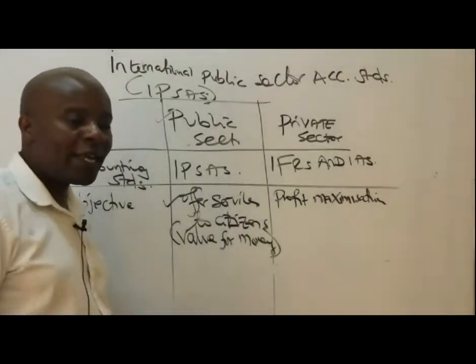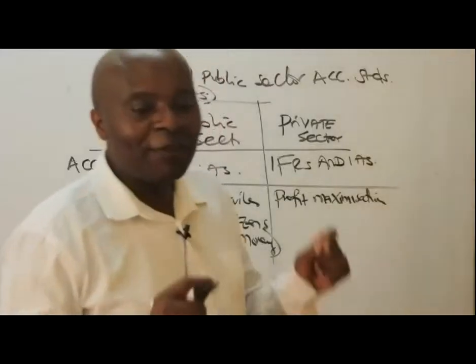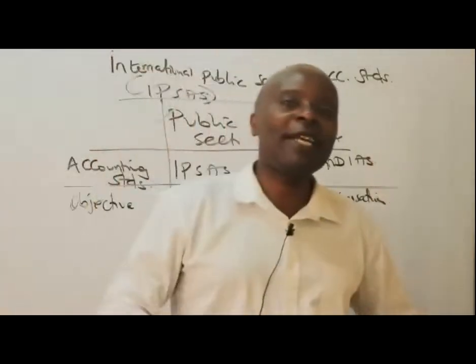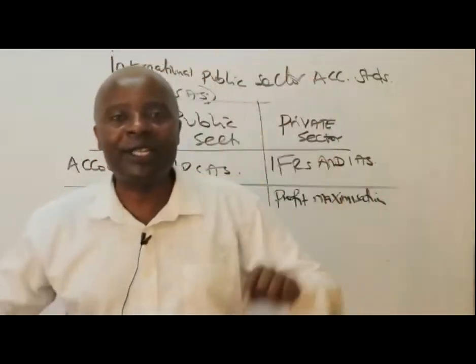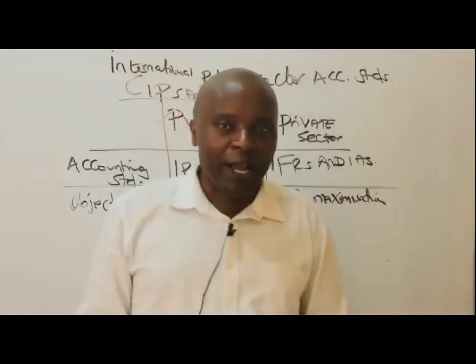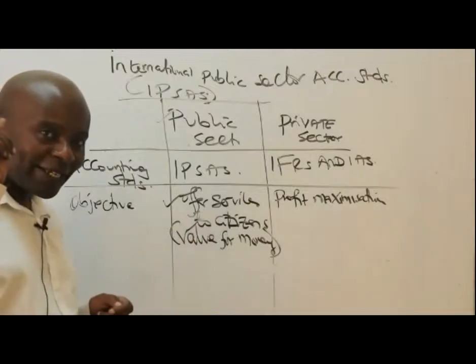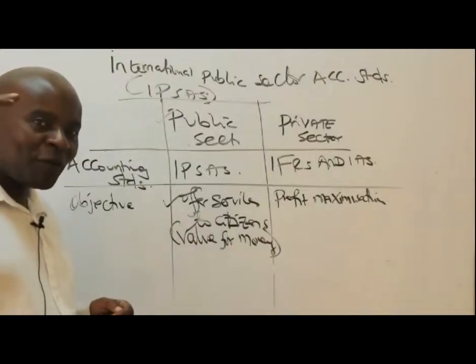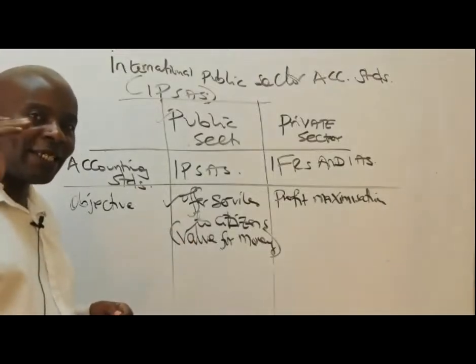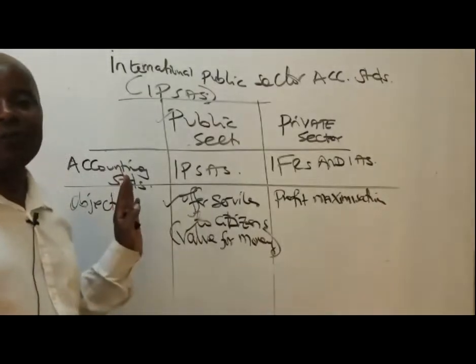That is why a body corporate, like for example, Kenyatta National Hospital, even if they were to make losses every year, there is no way Kenyatta National Hospital can be closed. Why? Because of value for money. The value really here is to offer service. So long as you're able to offer good service, then that is akin to the government making their profit.